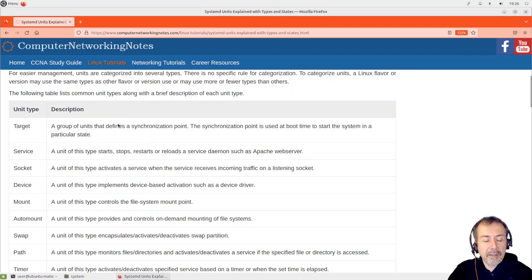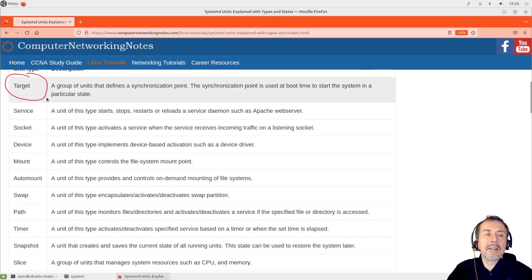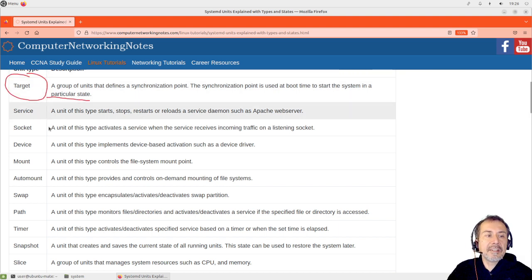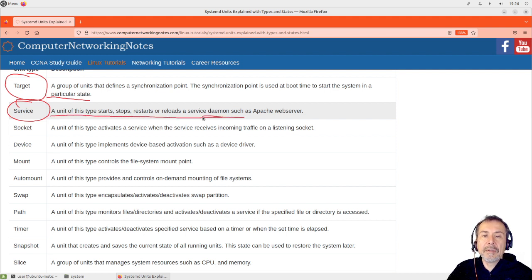So we have seen here the target unit type, the desired state of the system, and the service. This is probably the most important one. This is the one that we will be managing: start, stop, reload a service, like, for example, a web server, a print server or whatever.